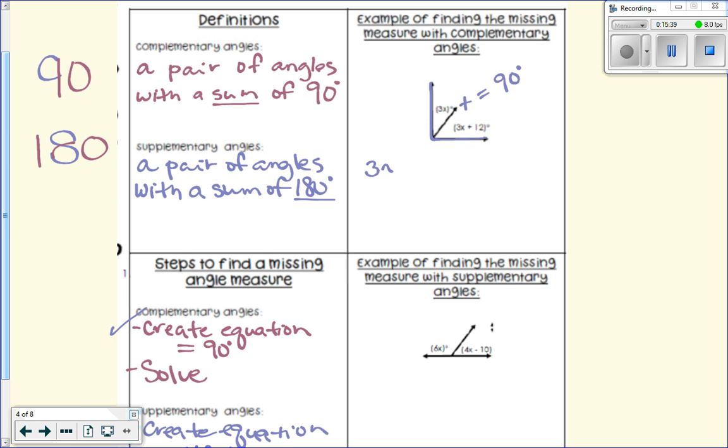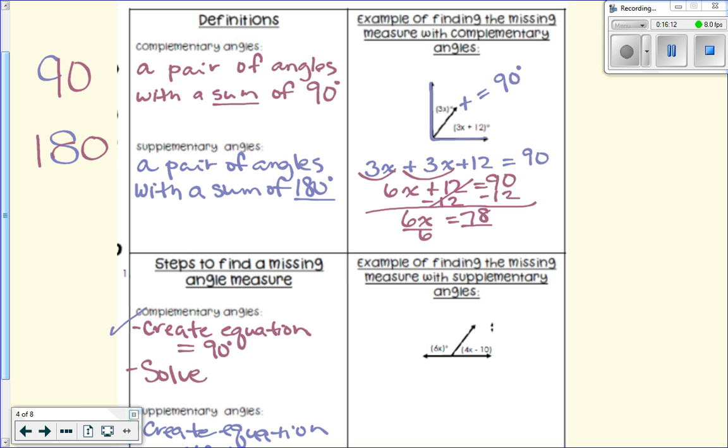So we have 3x plus 3x plus 12 equals 90 degrees. Okay, so then we can combine our like terms. 3x plus 3x, good. 6x plus 12 equals 90. Subtract 12 from both sides, divide by 6, and we're left with x equals, so do I get 13?